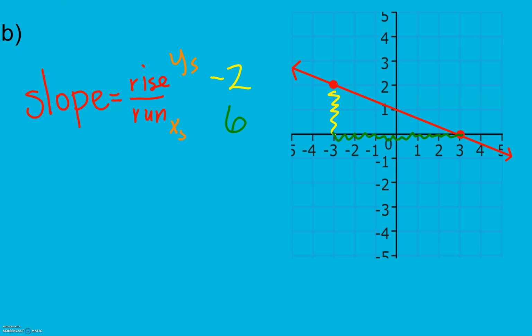Now, we always want to simplify if we can. So here, we also could have used any point on our graph where it meets at a corner or where it's easy to see. So I could have used that point as well. But if I just used the 2 red points here and we simplify, my greatest common factor between 2 and 6 is 2, so I can take a 2 out of the top and out of the bottom.